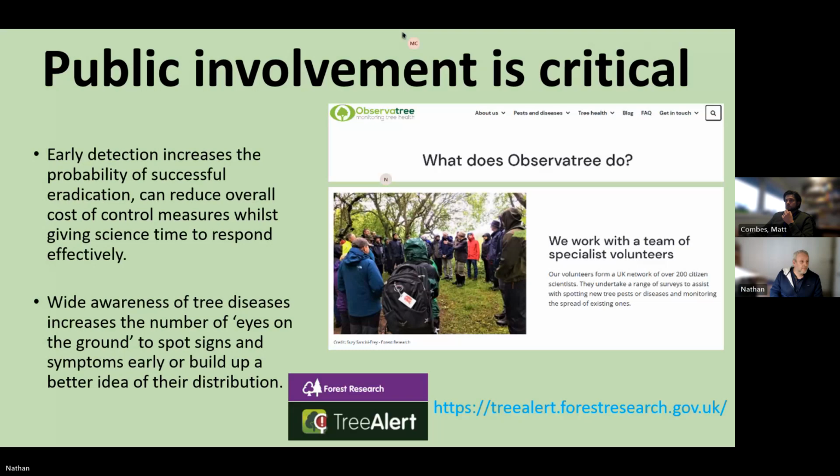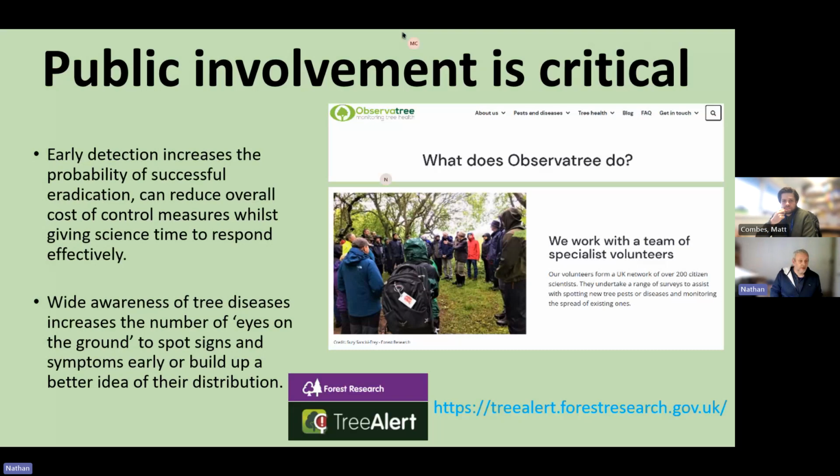But also in the case of AOD, delimitation, understanding where things are in the country, helps us plan for risk and plan potential management interventions, such as where it's a good idea to plant tree species.